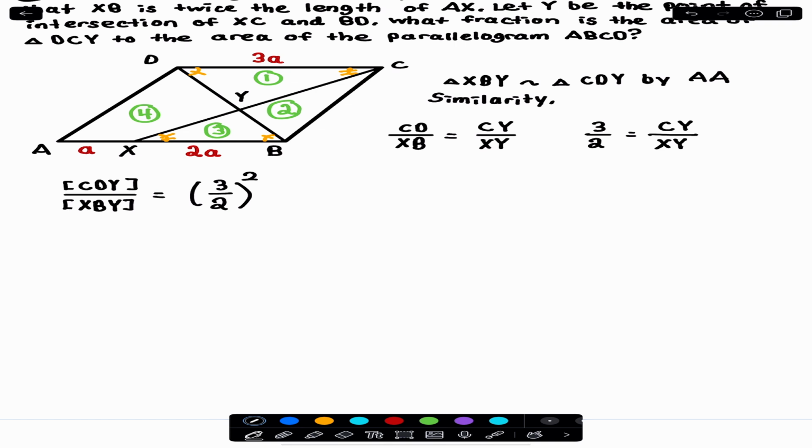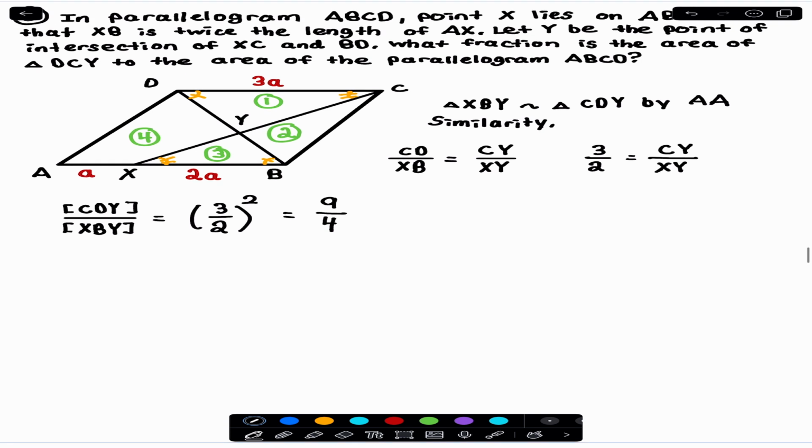This is a very, very handy relationship to know. We're going to be using it a lot. So that's equal to 9/4. And you might be asking, why is this true? Because this is quite a bold statement.